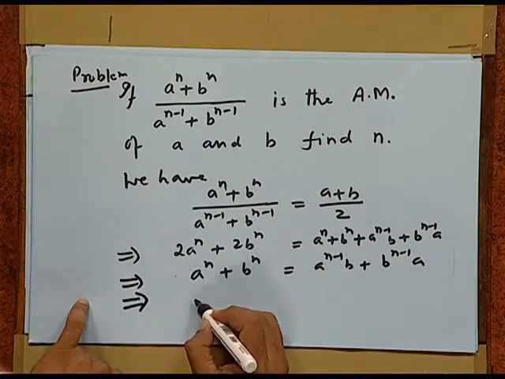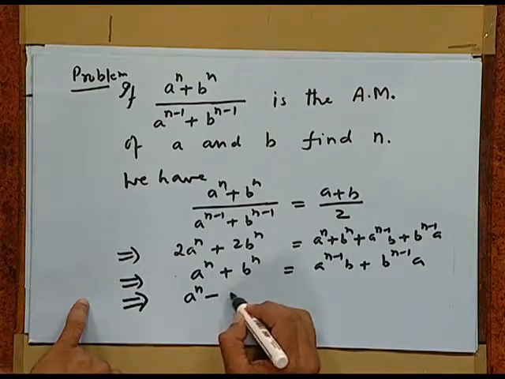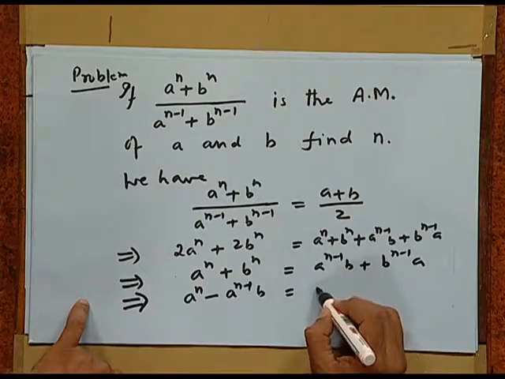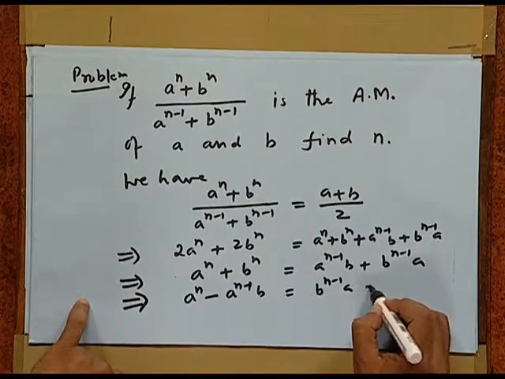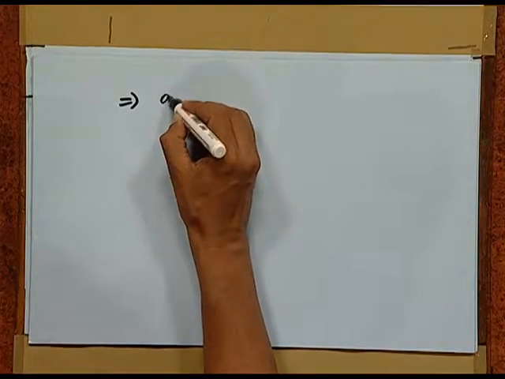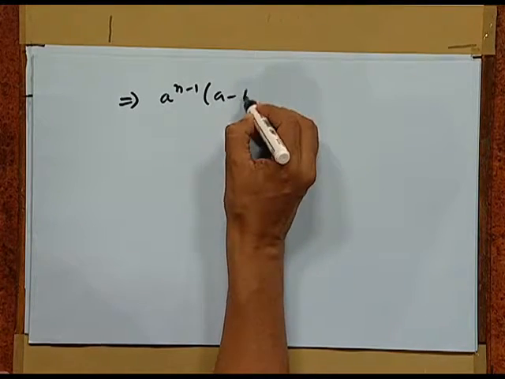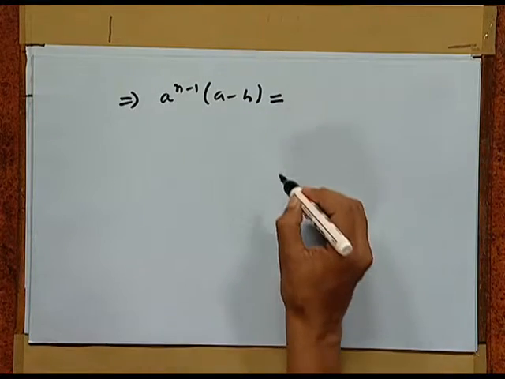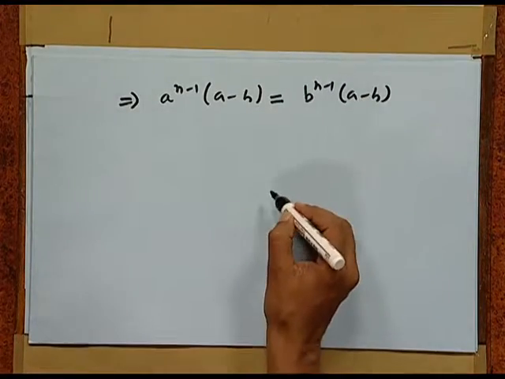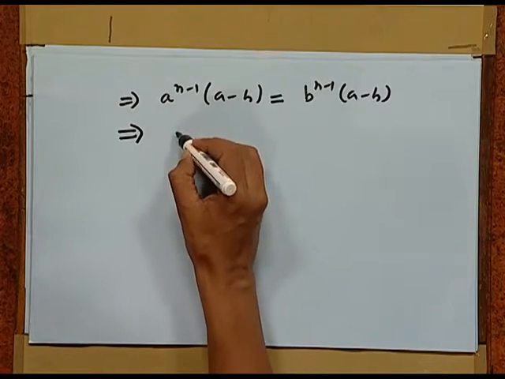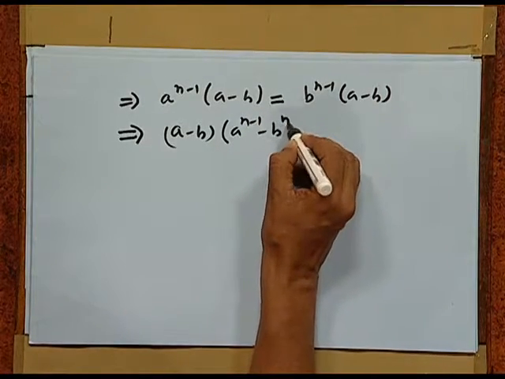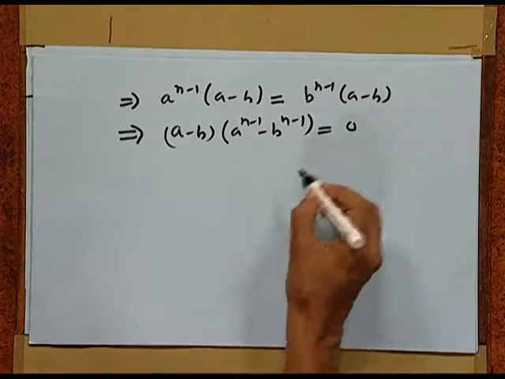This implies A^n minus A^(n minus 1)B is equal to B^(n minus 1)A minus B^n. That implies A^(n minus 1) times (A minus B) is equal to B^(n minus 1) times (A minus B). That implies (A minus B) times (A^(n minus 1) minus B^(n minus 1)) equal to 0.